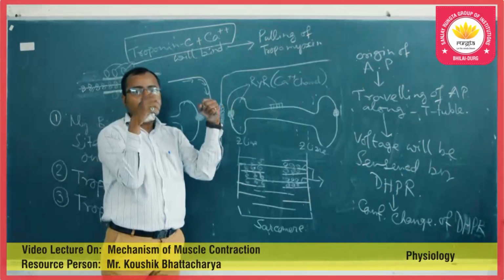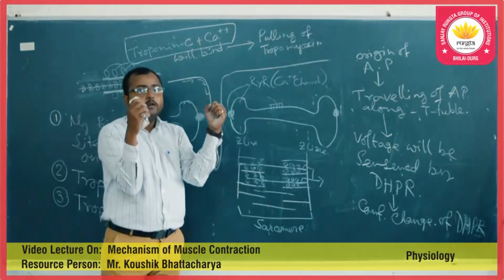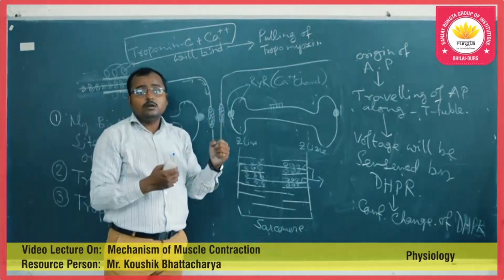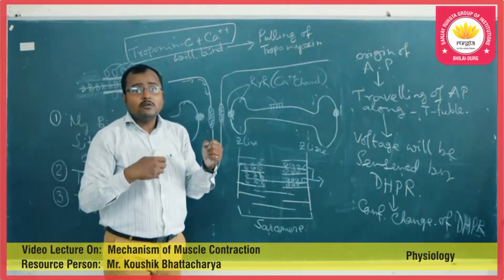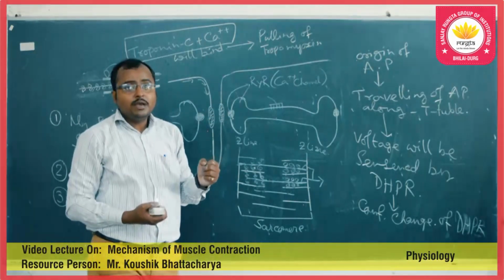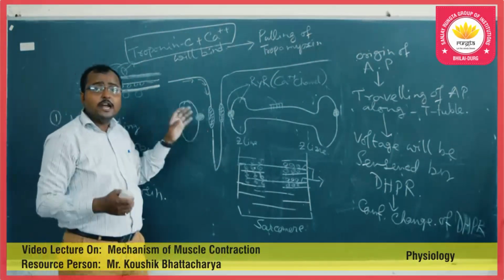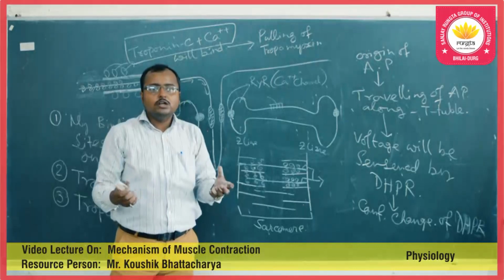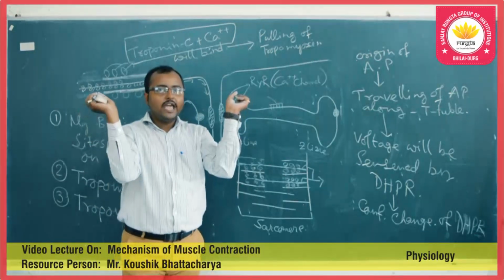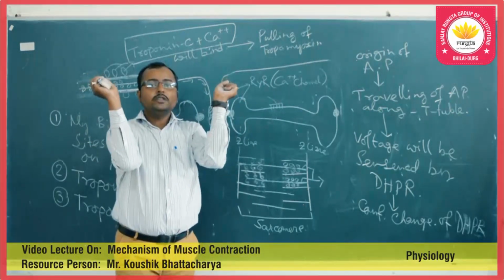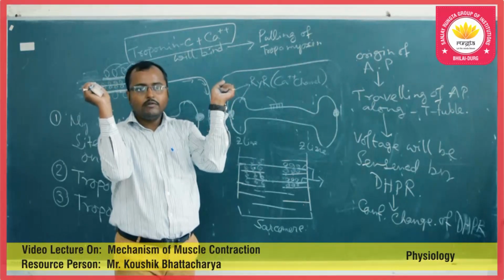Pulling of the actin towards the central area is very important terminology: that is one power stroke. So what do you mean by this power stroke? When all these myosin binding sites are uncovered, all the myosin heads get attached with the actin molecule, right?